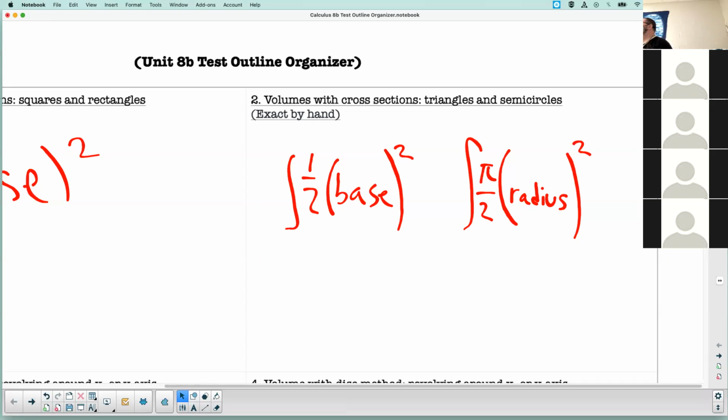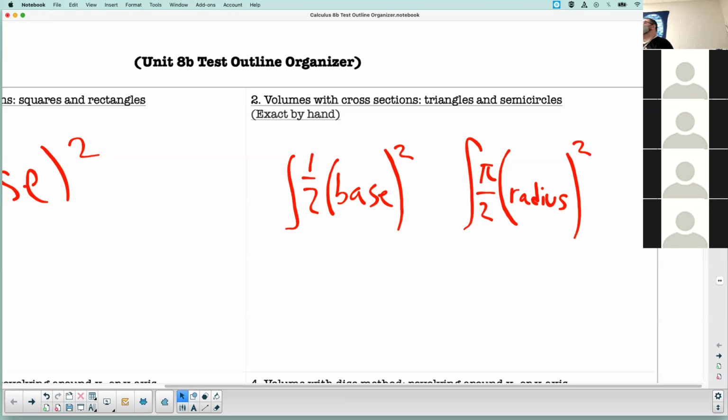Yeah. How do you know when it's base or base divided by 2? So I thought about that one a lot more last night. I couldn't think of an example where it's just going to be base. The only thing I can think of is the ones that were symmetrical and kind of cut in half.